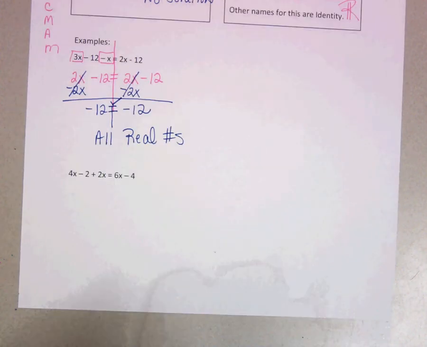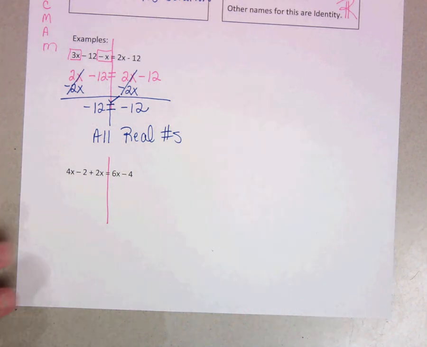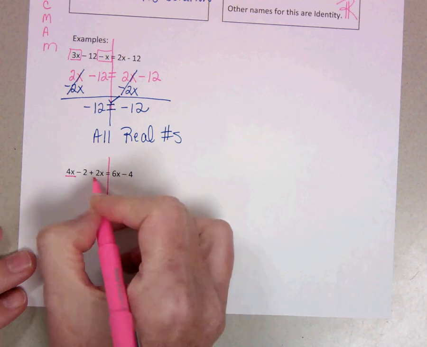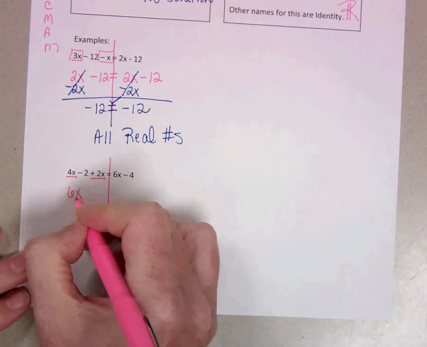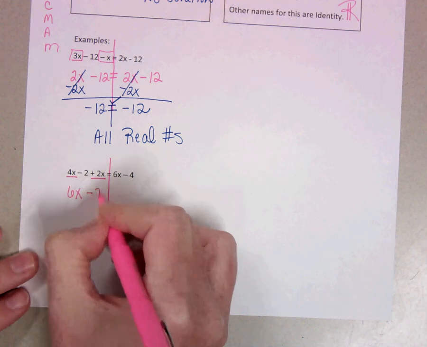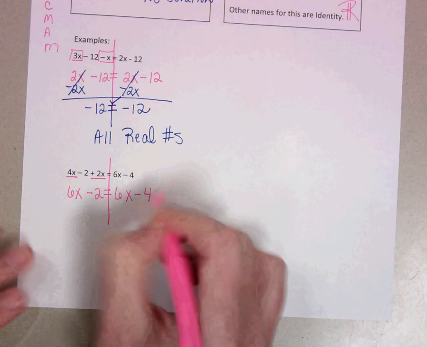Okay, let's look at the next one. Again, the first thing we want to look for is combining like terms. So we have 4x plus 2x, which is 6x, and then we have minus 2 equals 6x minus 4.